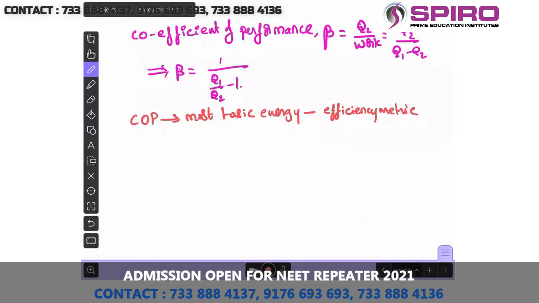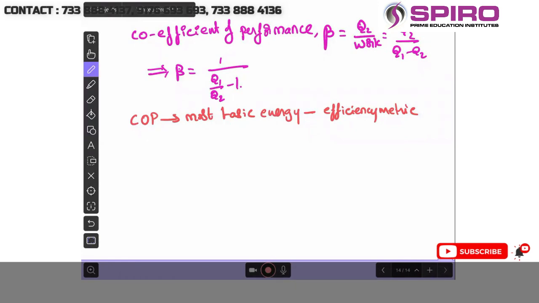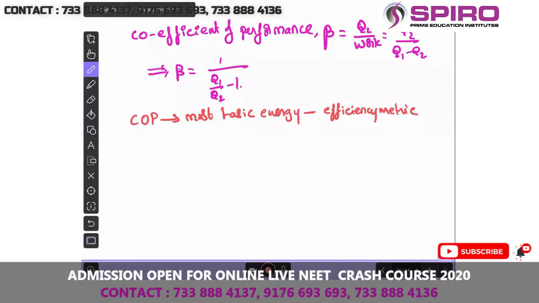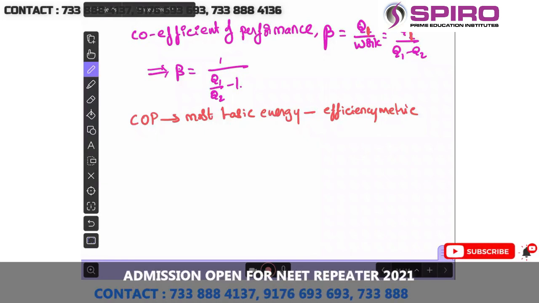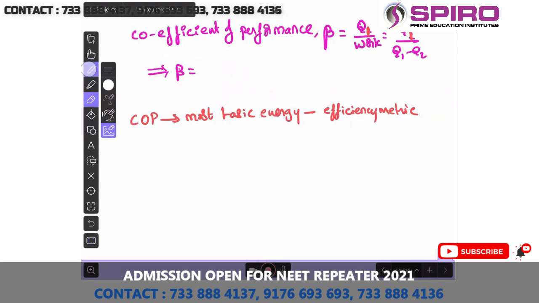And if efficiency is given, you may also find the coefficient. Actually, this is not Q2, it is Q1, the supplied heat only. So the expression is modified slightly: beta can be written by shifting Q1 to the denominator.